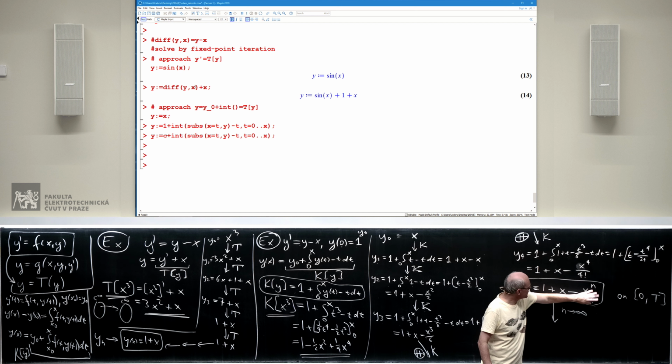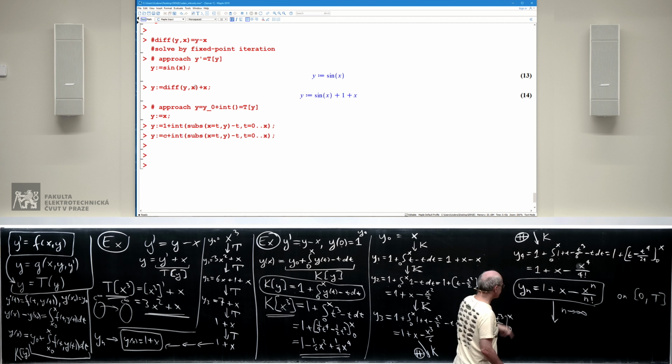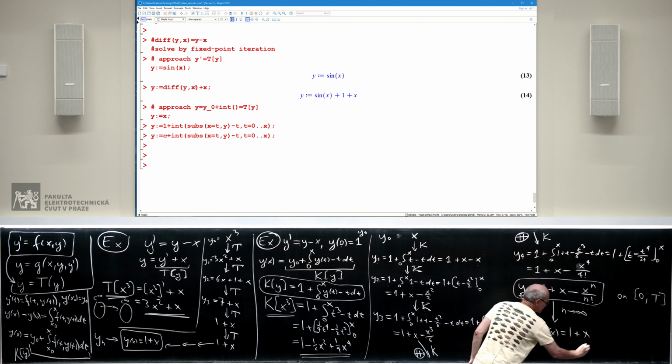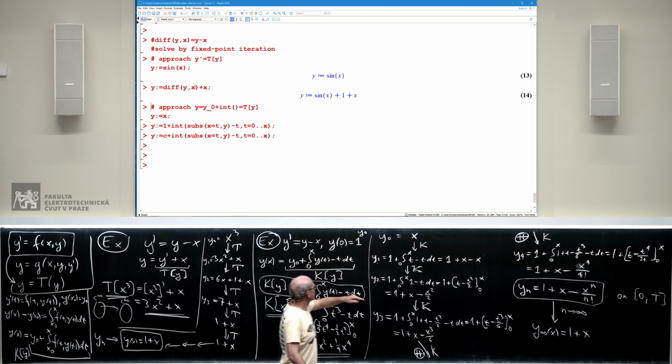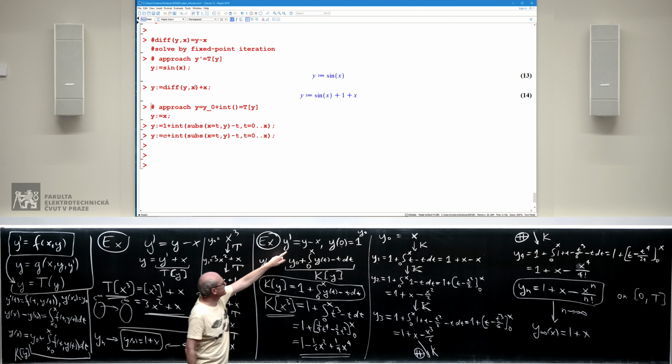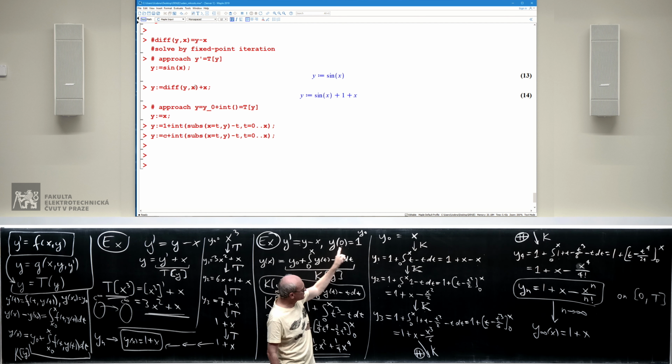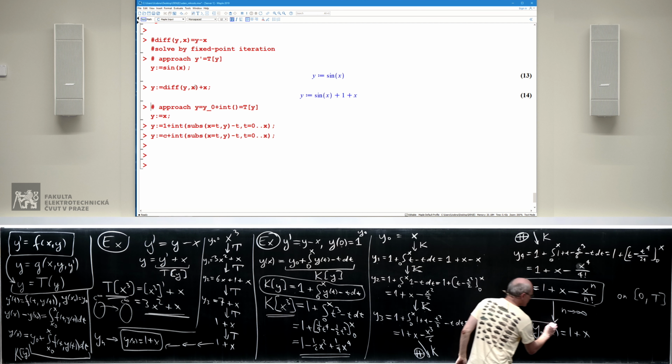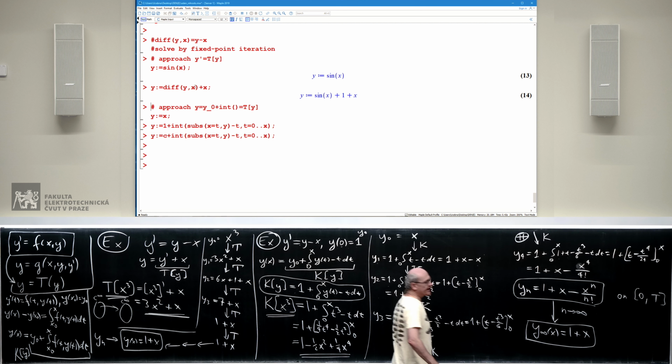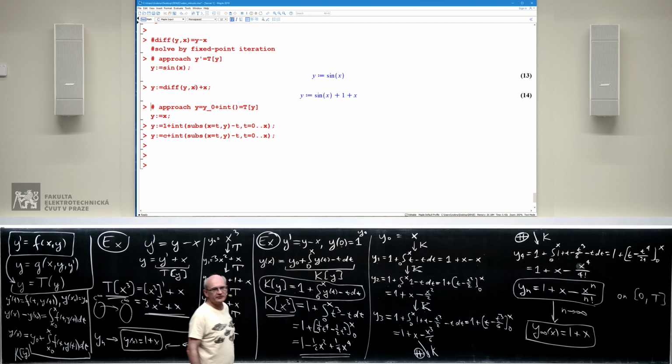So this goes to 0, and the limit is the function 1 plus x, which is exactly the solution to this differential equation, but also to the initial condition. If I put 0 into it, I get 1. So this is really the solution to our initial value problem.